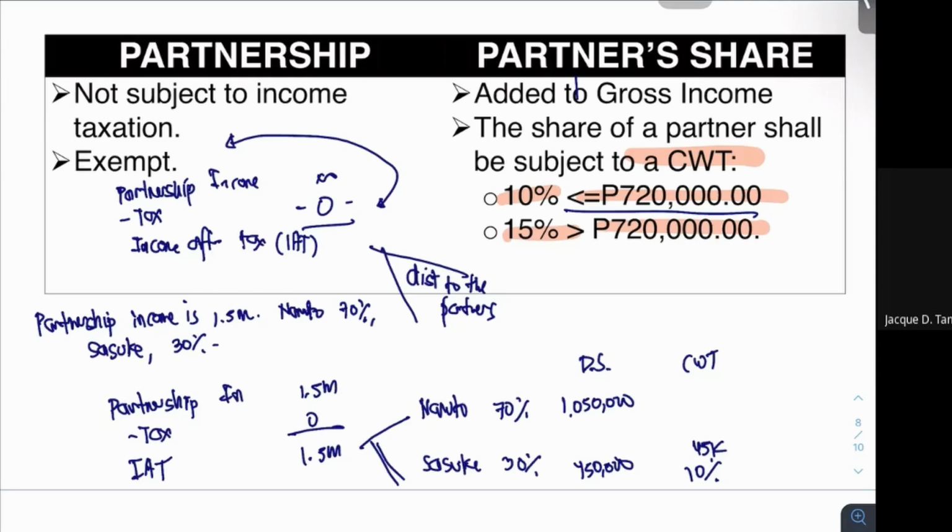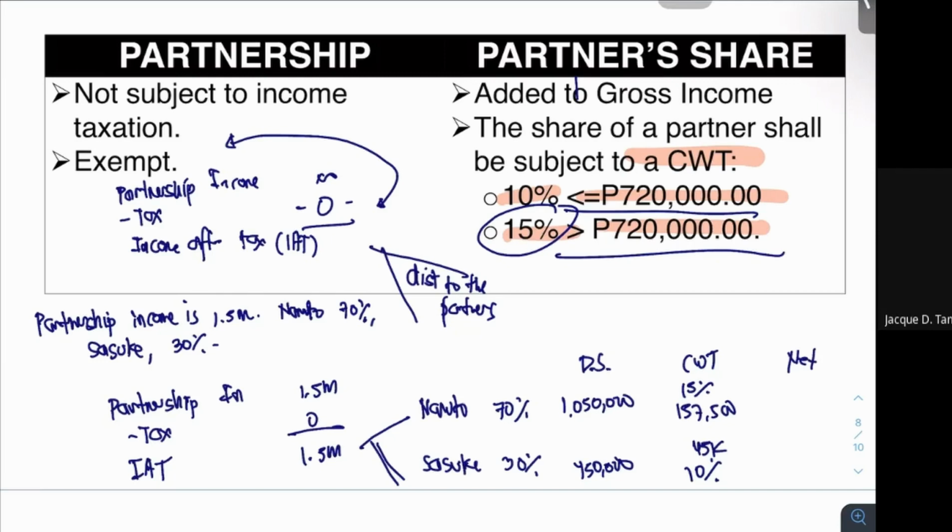And then we also have more than 720,000 subject to 15% creditable withholding tax. Therefore, the share of Naruto, since that is more than 720,000, is subject to 15% creditable withholding tax. This will give us 157,500.